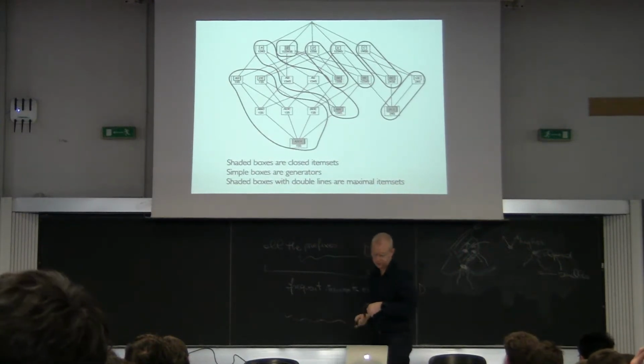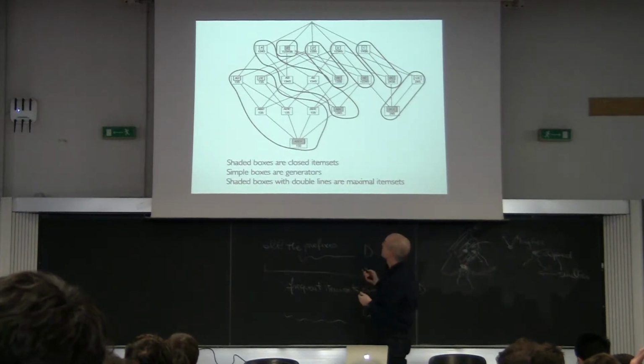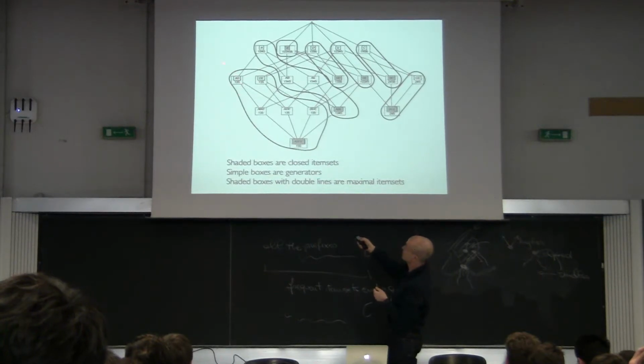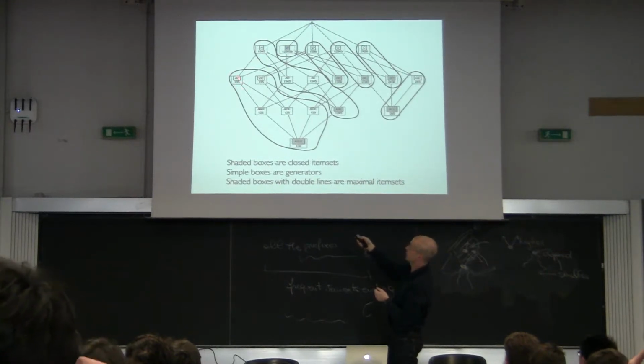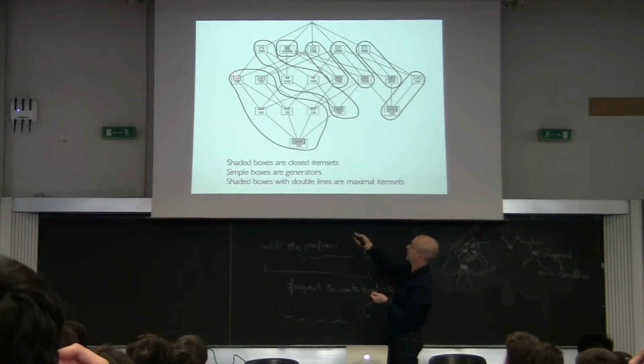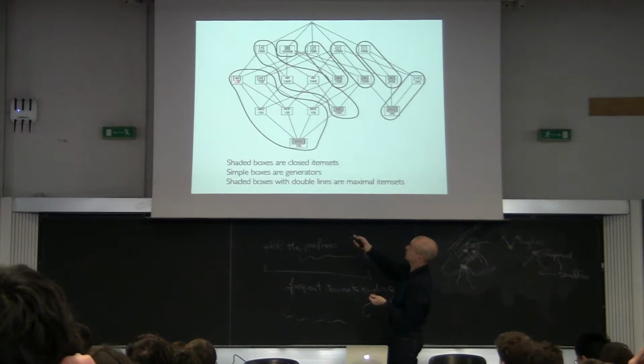The simple boxes are generators. The generators tell you that everything above here is actually higher. So this is a generator because if I have fewer elements, A or D, these have a strictly higher support.